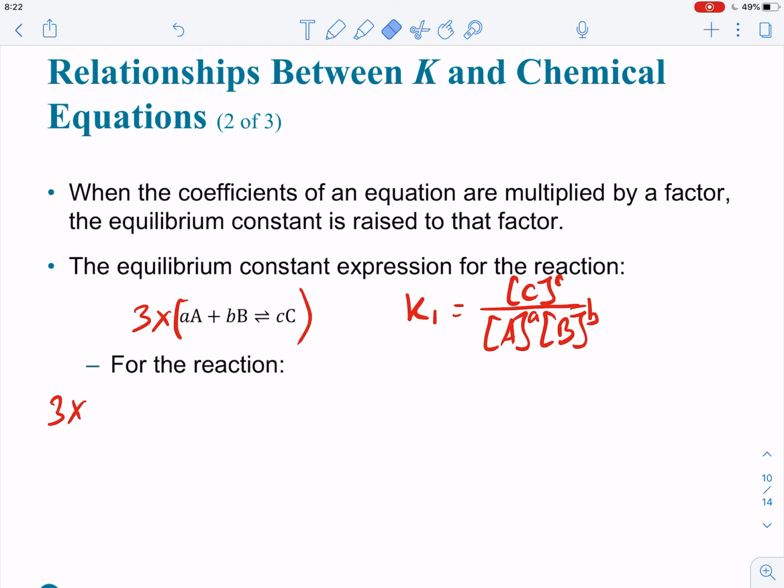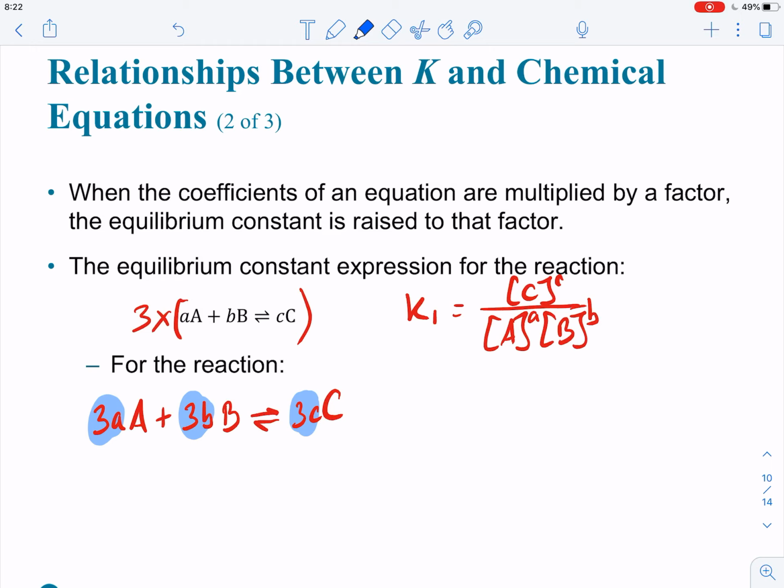This is going to be 3a times A plus 3b times B that goes to 3c times C. Now all of these are your stoichiometric coefficients for this new reaction, so to speak.